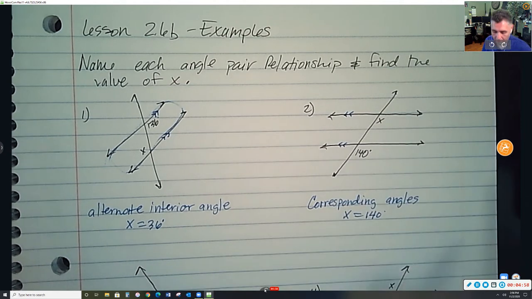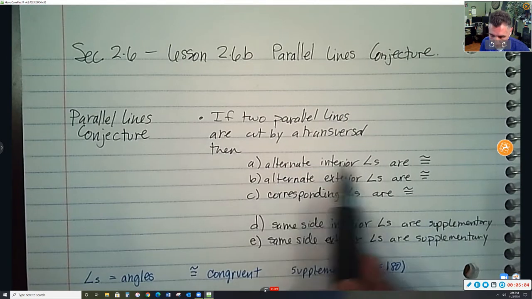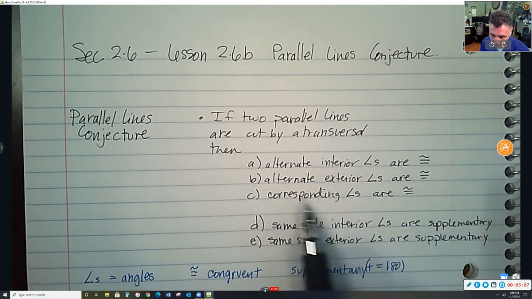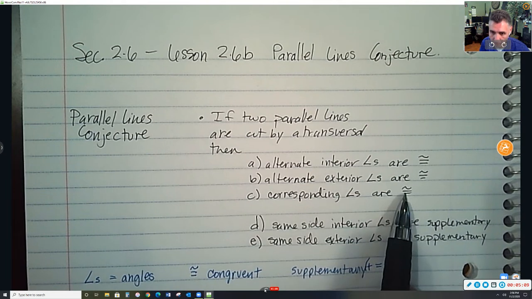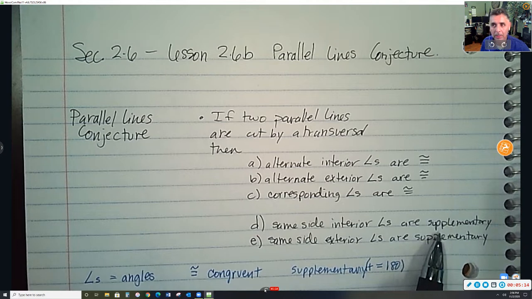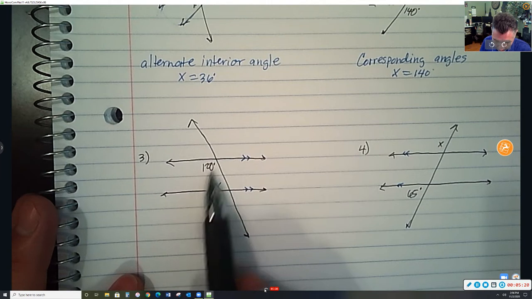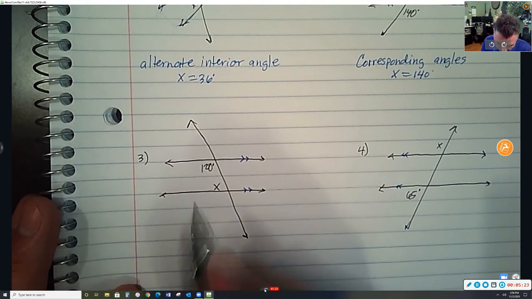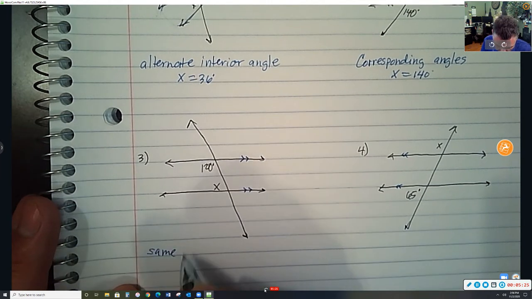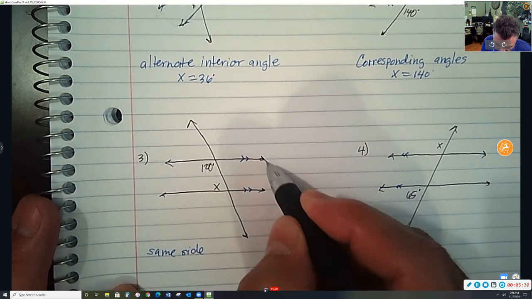Okay? And let me just briefly go back. See, alternate interior angles are congruent. Corresponding angles are congruent. Okay, the ones that are on the same side, those are supplementary. We're about to get into those. So these two are both on the left side of the transversal. So I know they're same side. And they're interior. Let's say if I close this off.